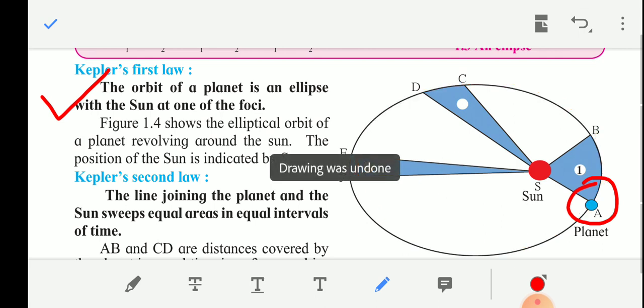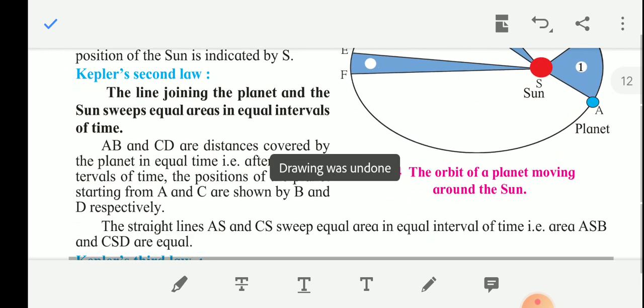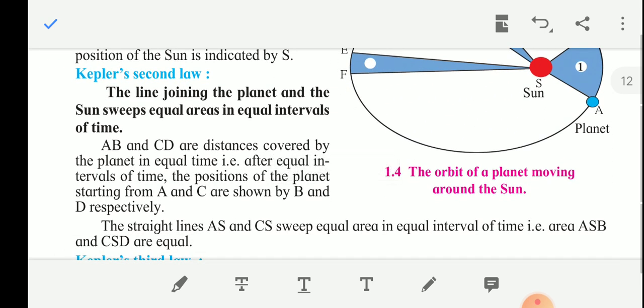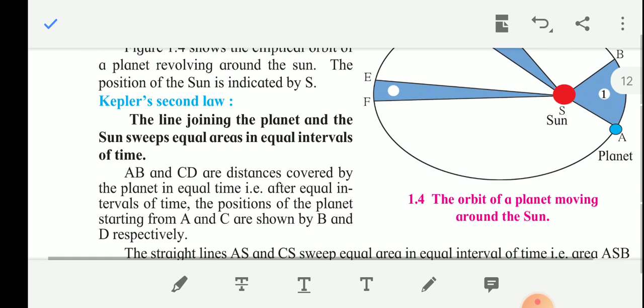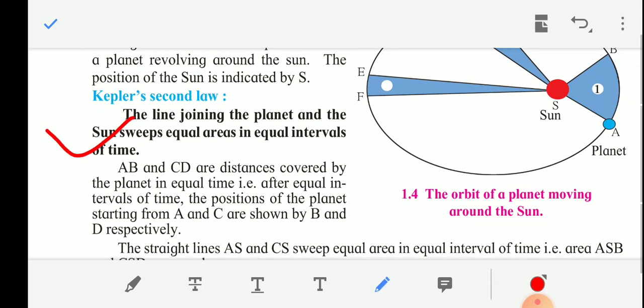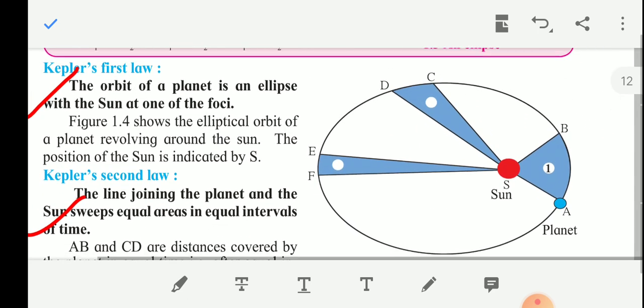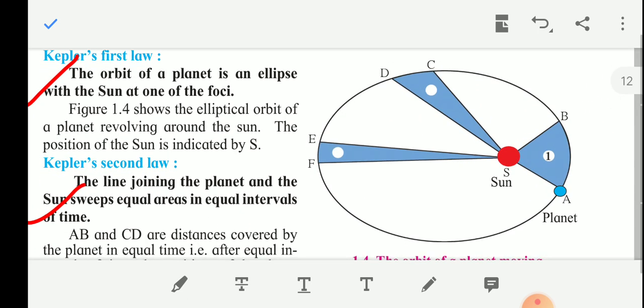Now, the next is Kepler's second law. Kepler's second law states that the line joining the planet and the sun sweeps equal area in equal intervals of time. Let's see how this is explained.